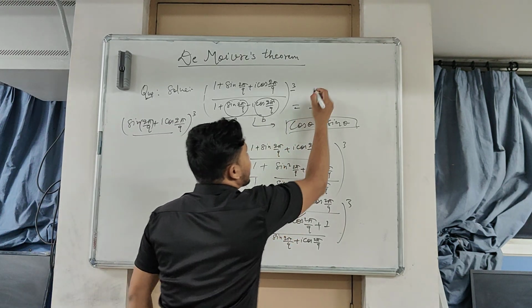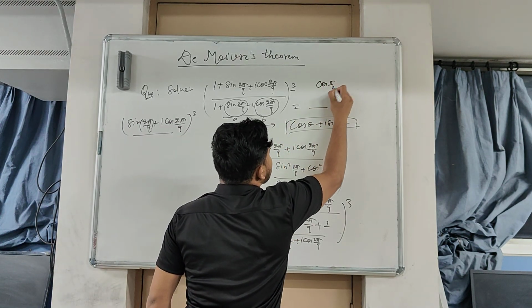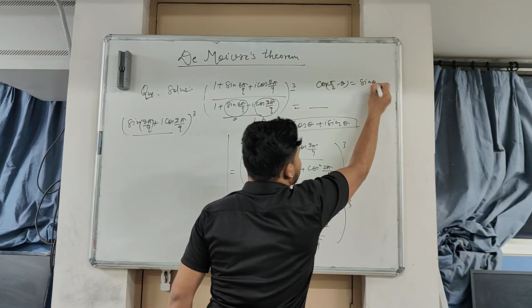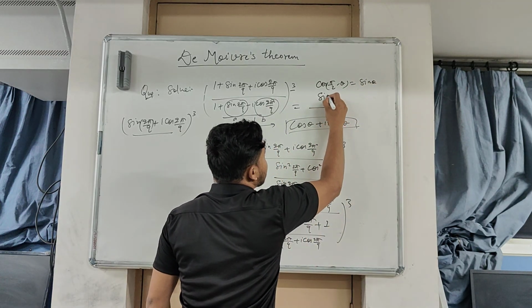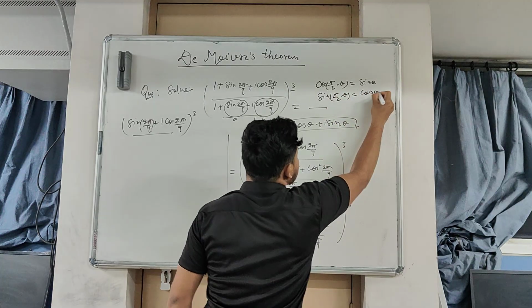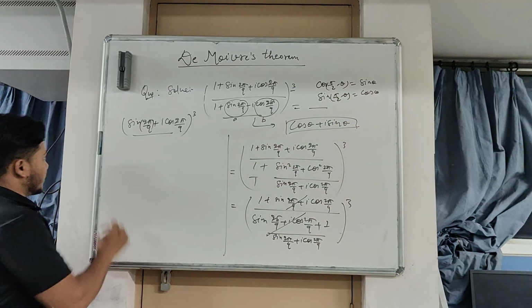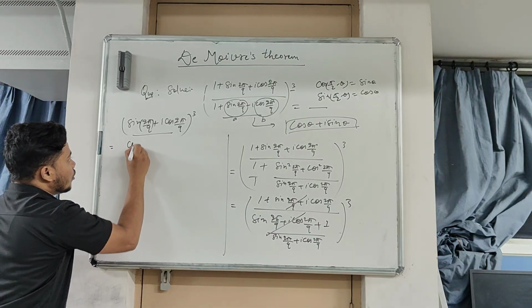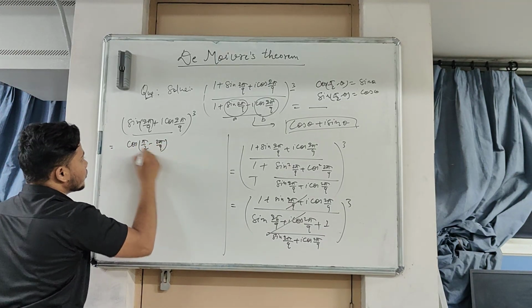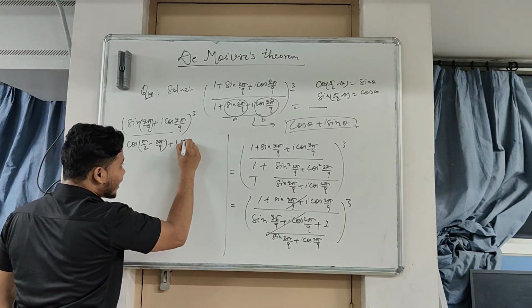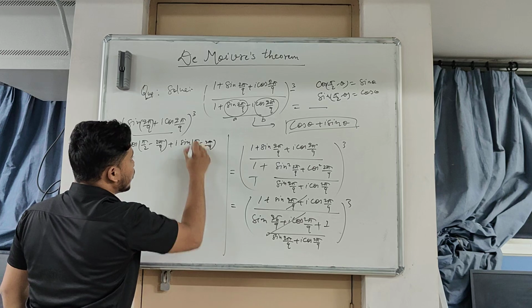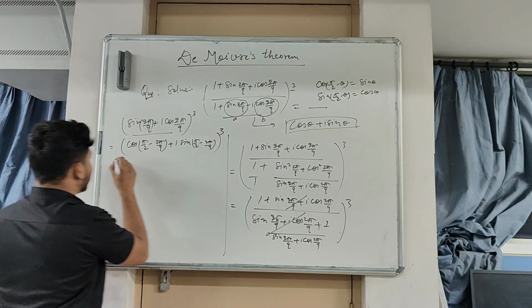The identity is cos of (pi by 2 minus theta) is equal to sin theta and sin of (pi by 2 minus theta) is equal to cos theta. So using it here, this is equal to (cos of (pi by 2 minus 2 pi by 9) plus iota sin of (pi by 2 minus 2 pi by 9)) whole cube, right?